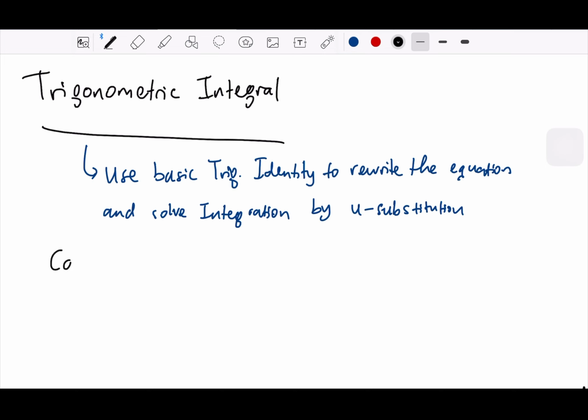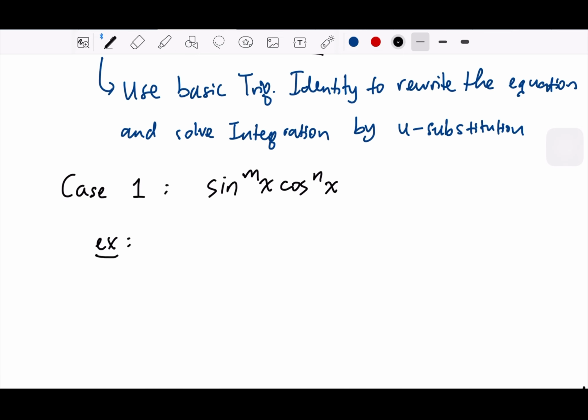So the first case, case number 1, if we have a sine with power of m x and cosine power of n x. So let's just try using a direct example.